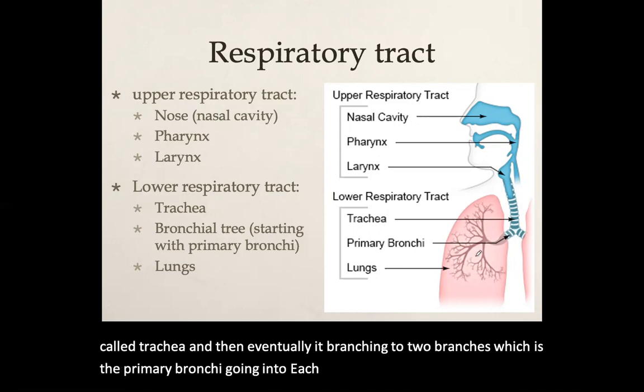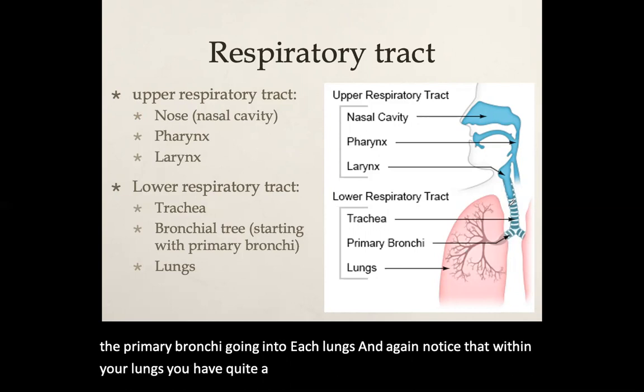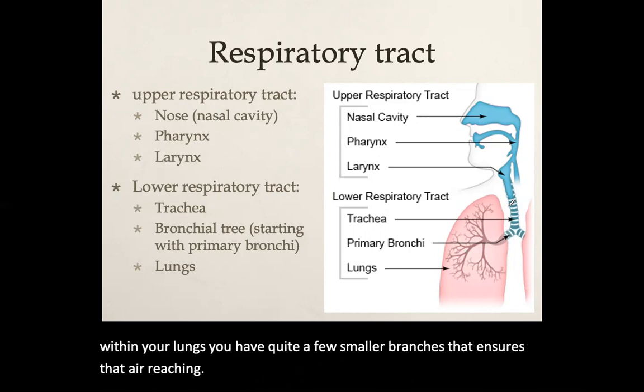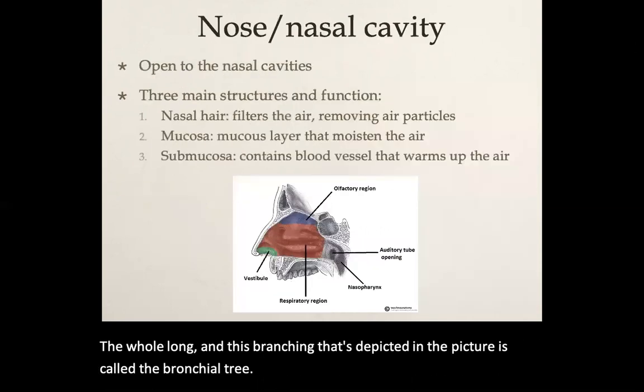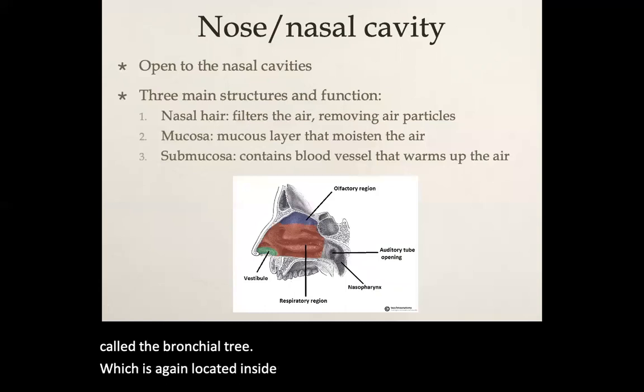And again, notice that within your lungs you have quite a few smaller branches that ensure that air reaches the whole lung. This branching that's depicted in the picture is called the bronchial tree, which is again located inside the lungs.